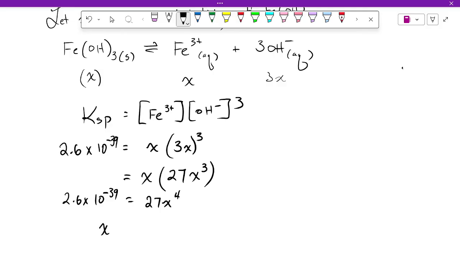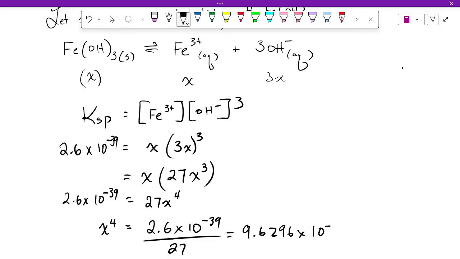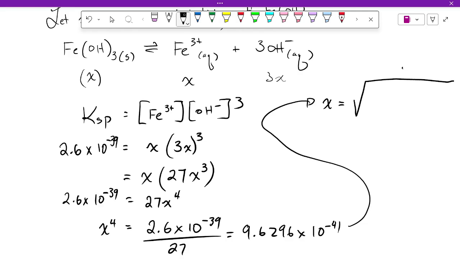Now, you don't have to show all of this, but 2.6 times 10 to the negative 39 divided by 27 equals 9.6296 times 10 to the negative 41. x is equal to the 4th root of 9.63 times 10 to the negative 41.